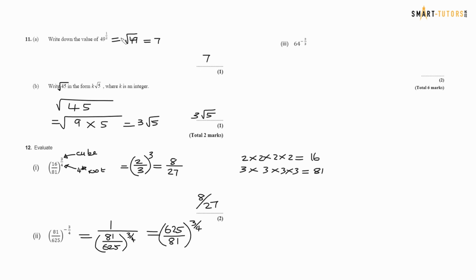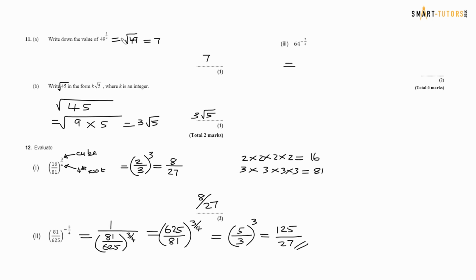So the negative 3 upon 4 changes to positive 3 upon 4 by flipping the denominator to numerator, numerator to denominator. Now 4th root of 625 is 5, 4th root of 81 is 3, to the power 3. So 5 cube is 125 and 3 cube is 27. That is the answer for the second part.